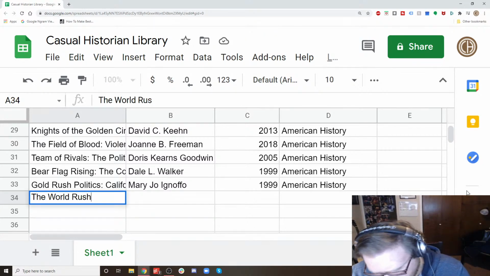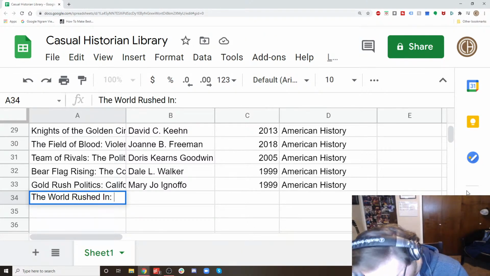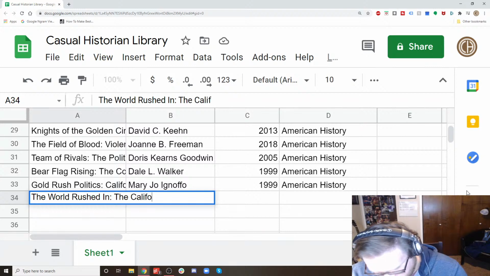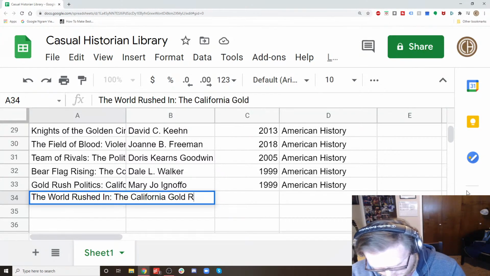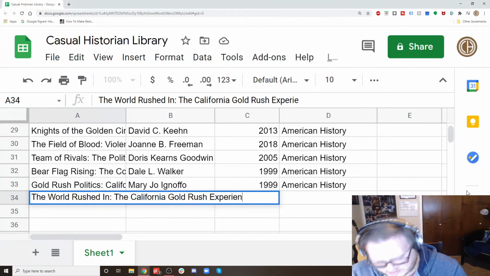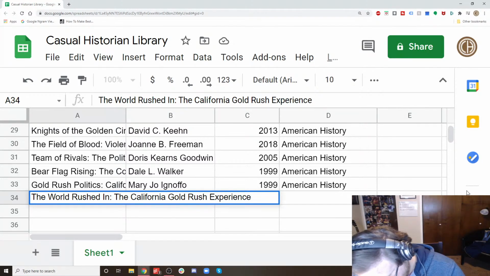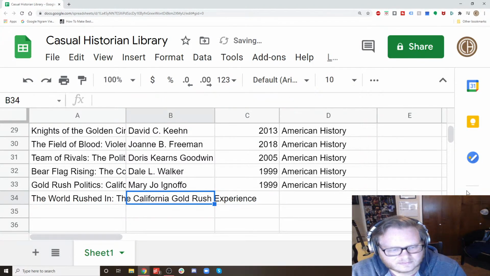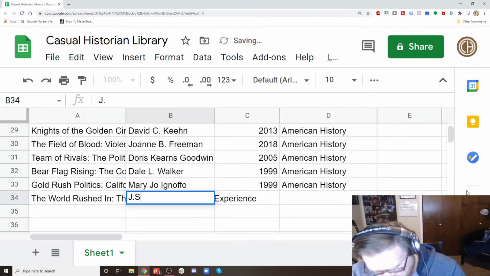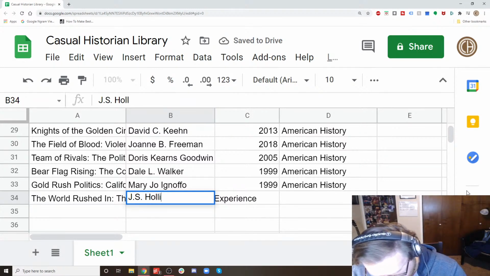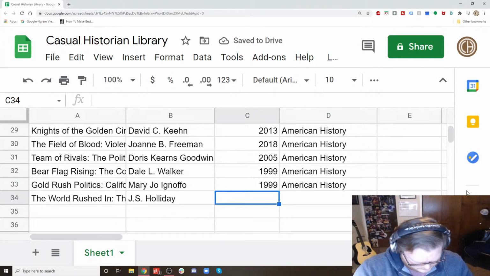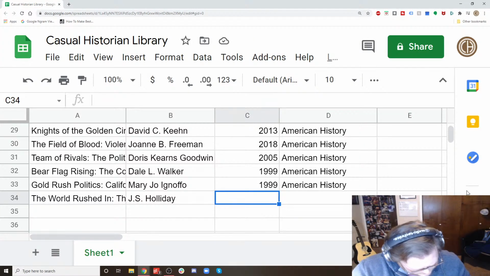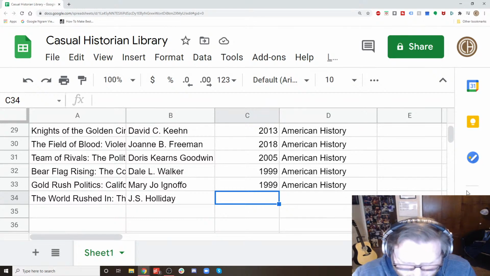The World Rushed In, The California Gold Rush Experience, by J.S. Holliday, 1981.